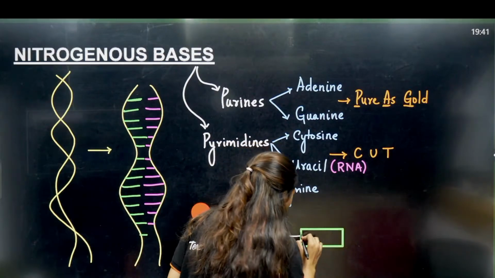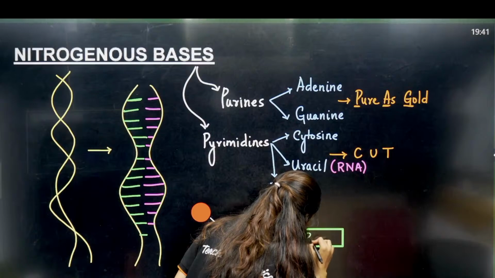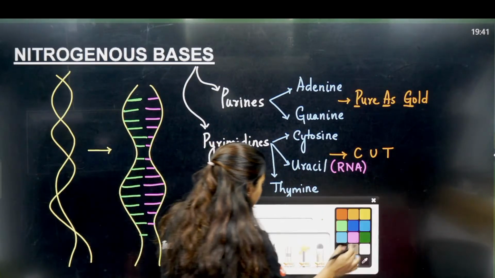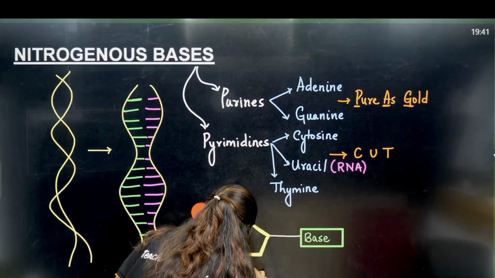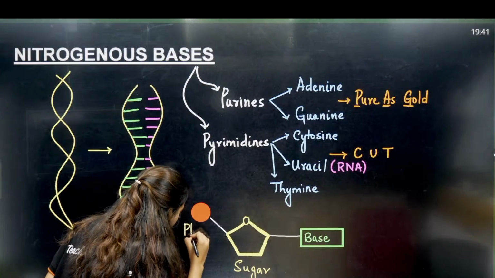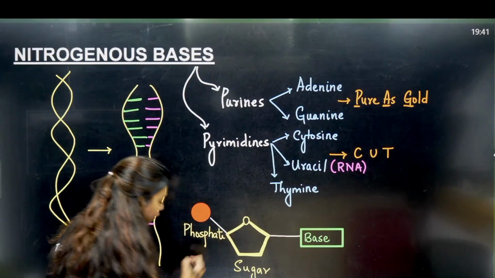And this which I have drawn here is the base, any nitrogen base. It could be an adenine or it could be a purine. Here we have the sugar molecule, this is the sugar and this is the phosphate. Clear?